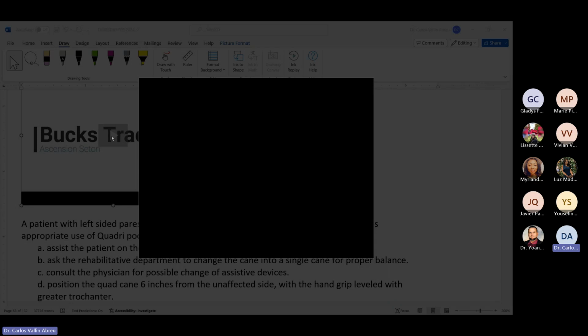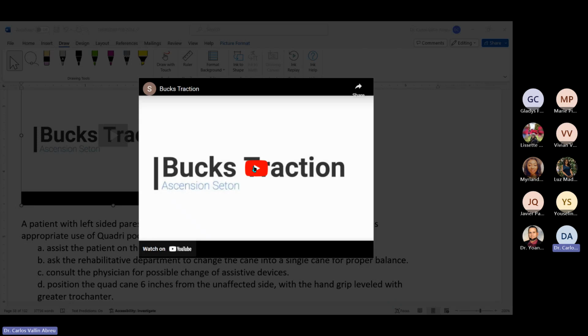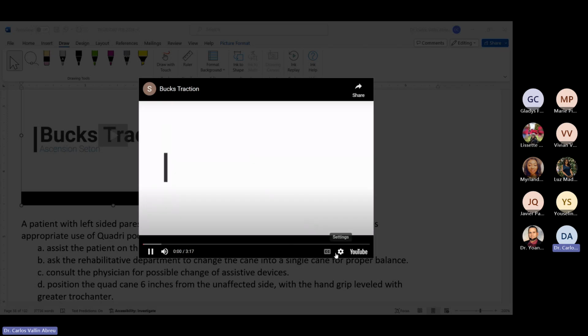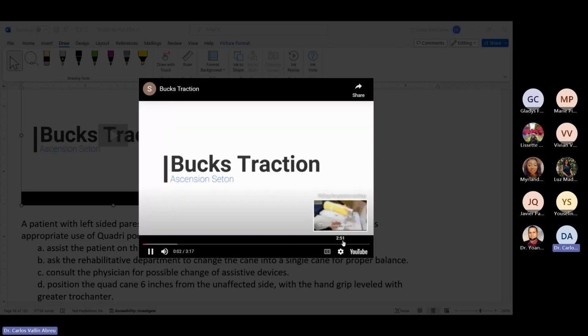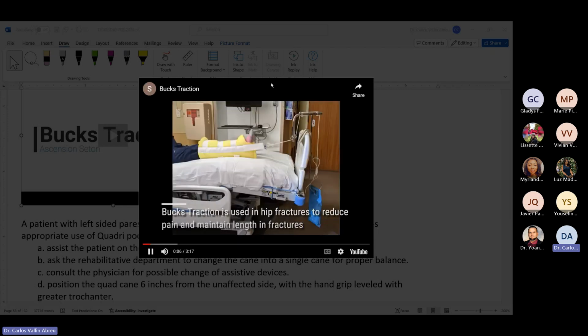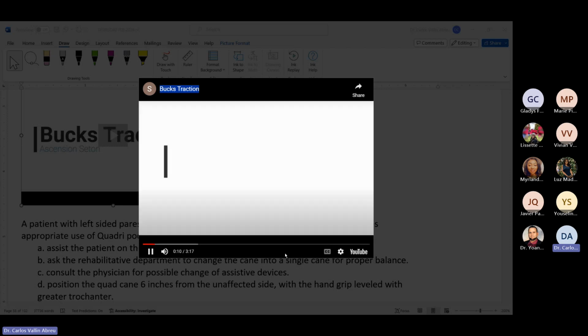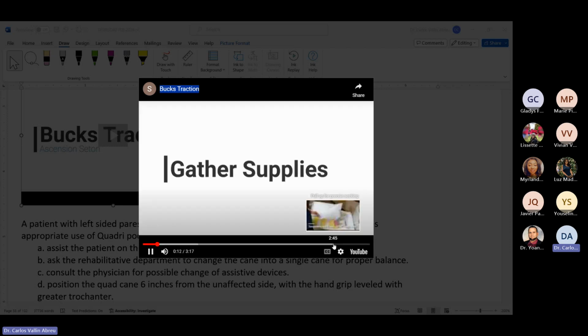Ah, it's only one click. It's too small.